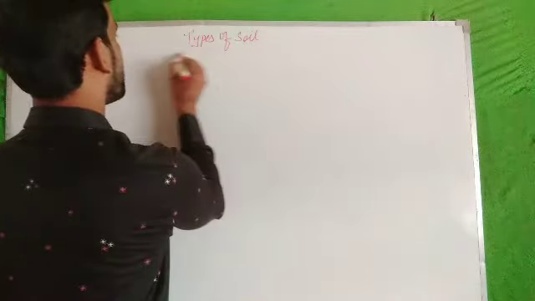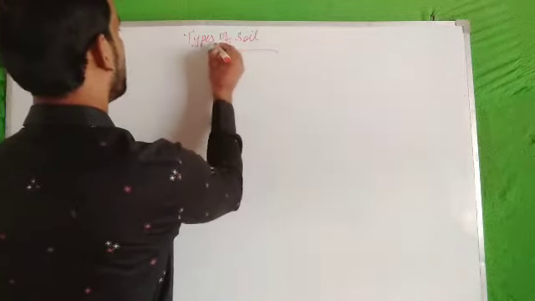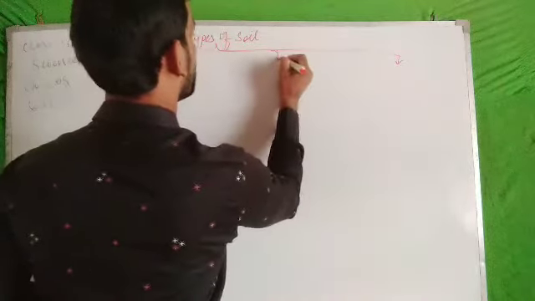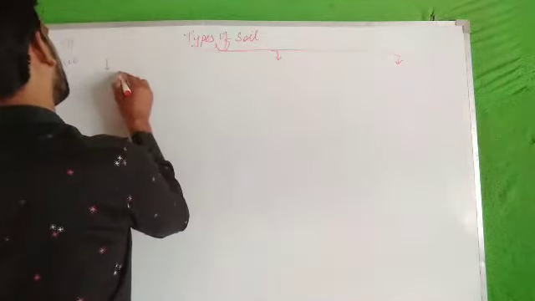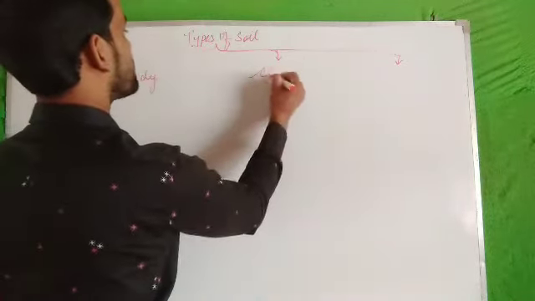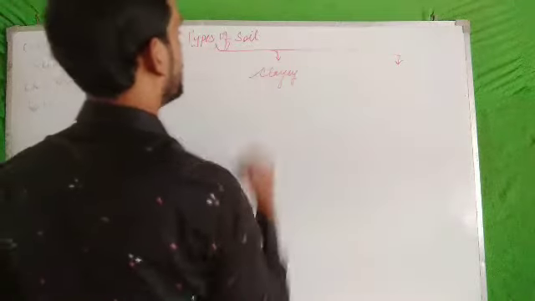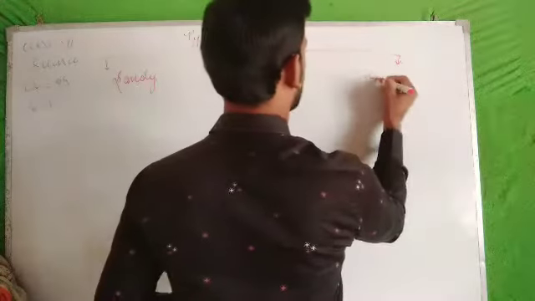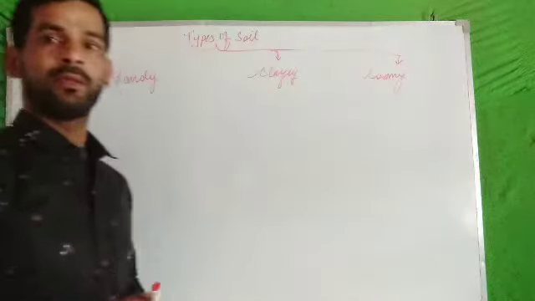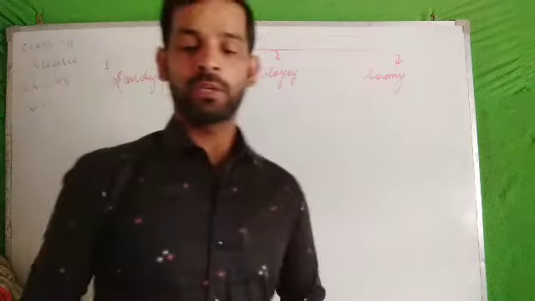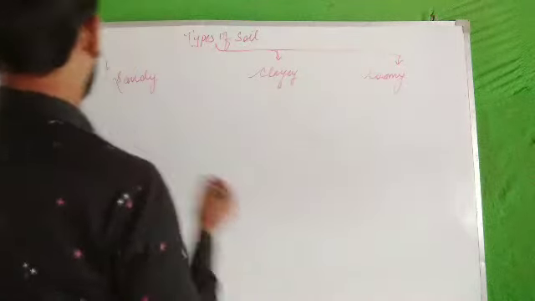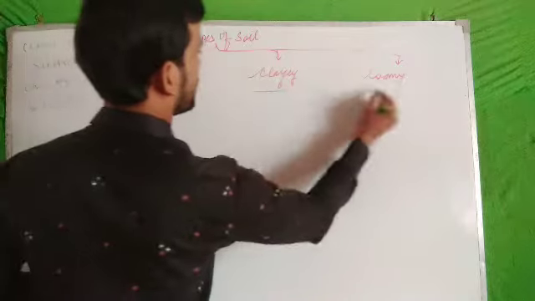On the basis of their texture, color and variations, these may be of three types. First one is sandy, second one is clay, and next one is loamy. They are the three types of soil.